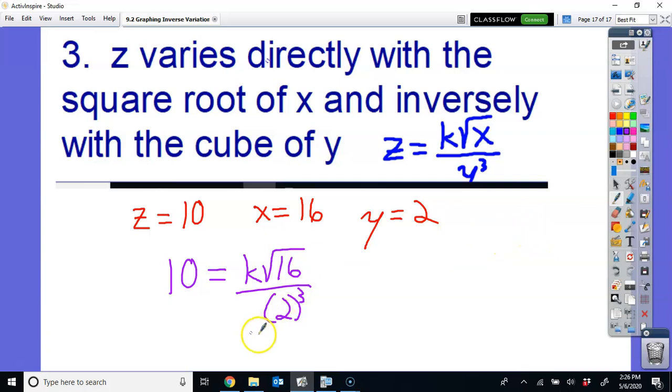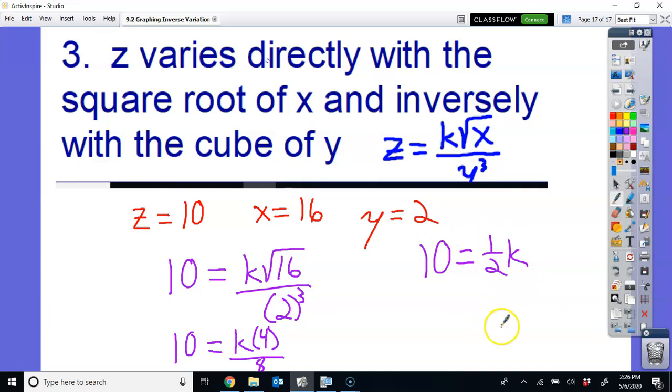That looks kind of ugly, but it's really not, because the square root of 16 is 4. 2 cubed is 8. That means I have 4 over 8, or in other words, I have 1/2 k is equal to 10. So some of you can probably already figure out what k is, but if you multiply this side by 2 and this side by 2, it would tell me that k is 20.